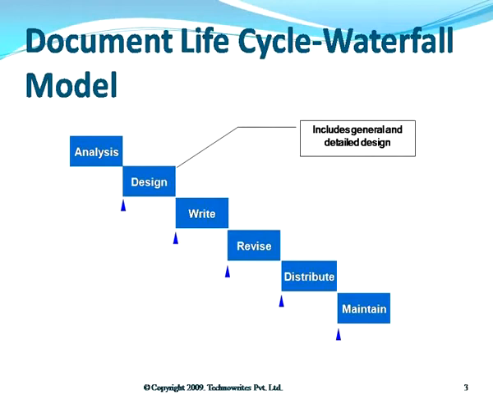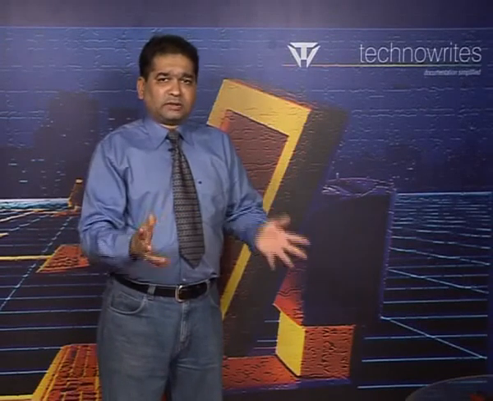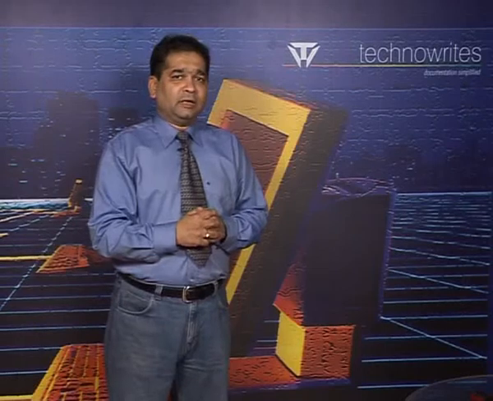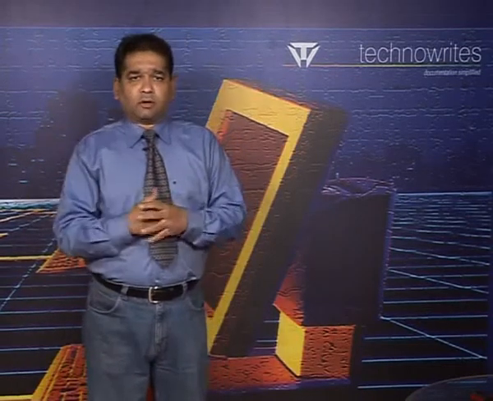Instead of evaluate, you see revise here, and then distribute and maintain. Here the advantage is, once the design has been finalized, you don't go through the design phase and analysis phase again and again. Once a template for the document is ready, one writer or one group of writers will design the template. Other writers don't have to go through the analysis and design again and again. They'll simply reuse that template and implement that design to write various documents.